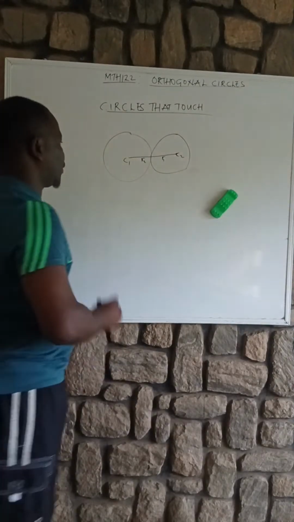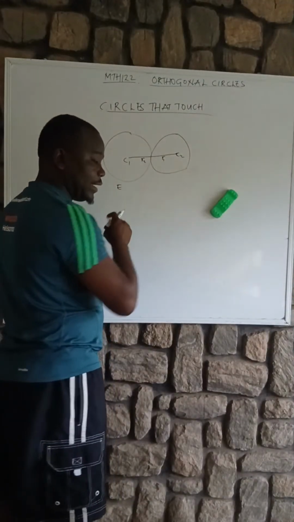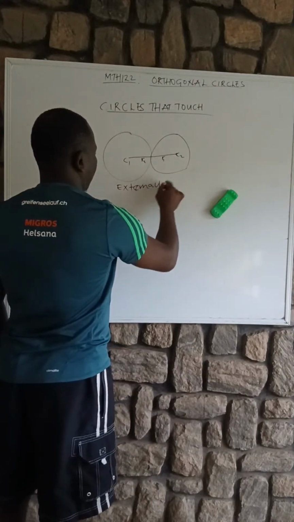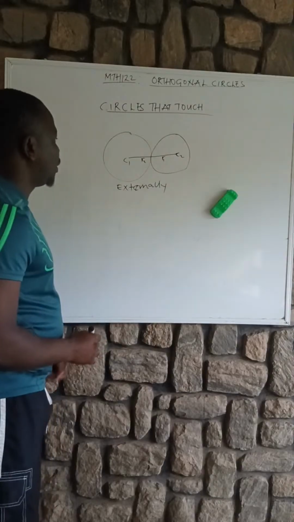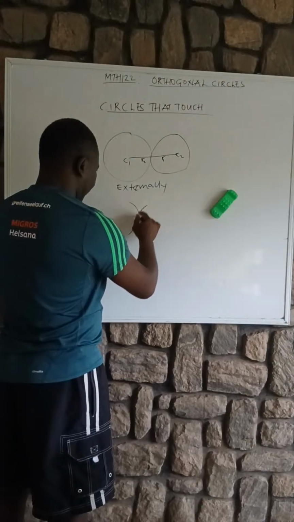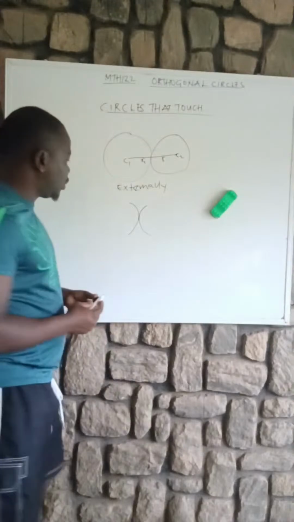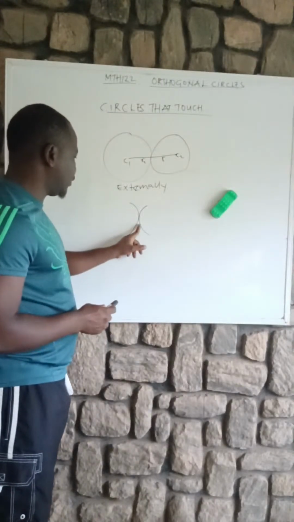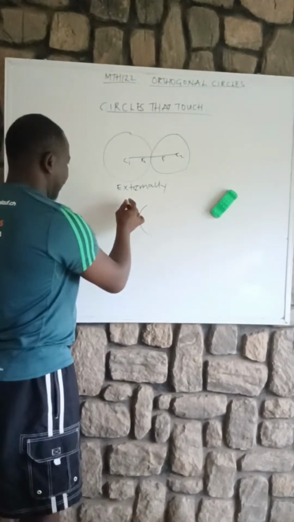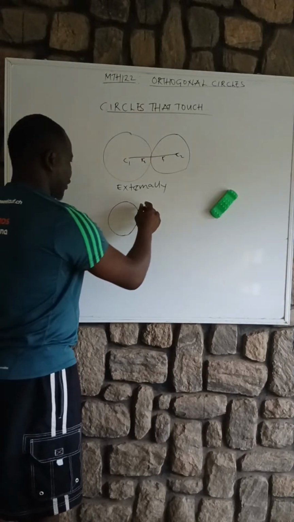These two circles, we refer to them as touching externally. Just look at this. They touch each other externally.